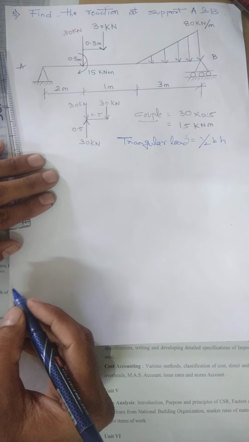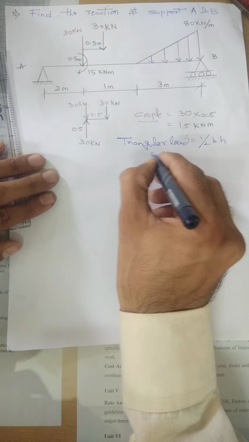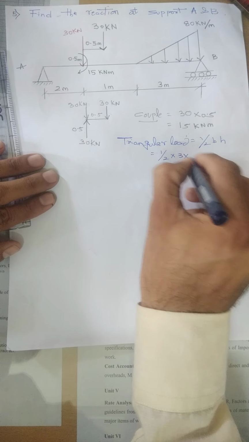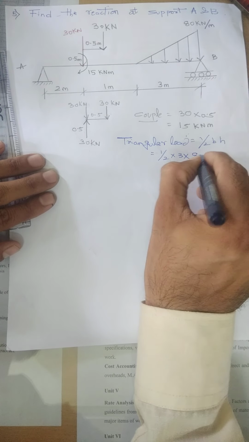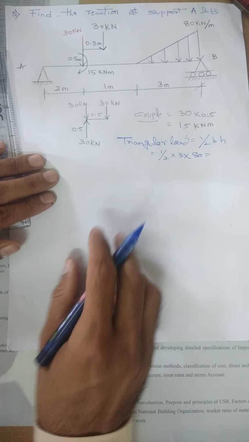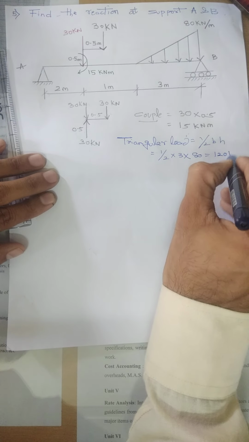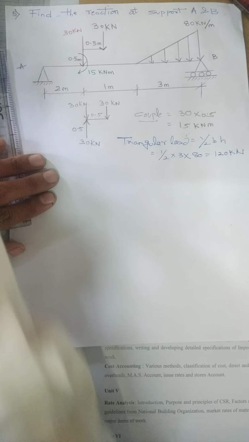For triangular loading it is the same case; we have already discussed it in previous lectures. Half into base, which is 3, and the height in this case is 80. So the result comes to be 120 kilonewtons. That means the intensity of this 80 is 120 kilonewtons.